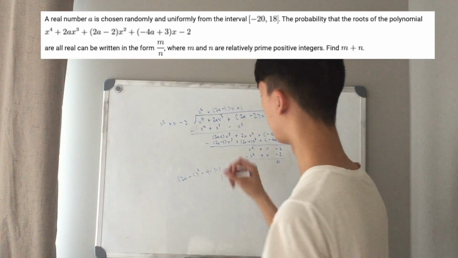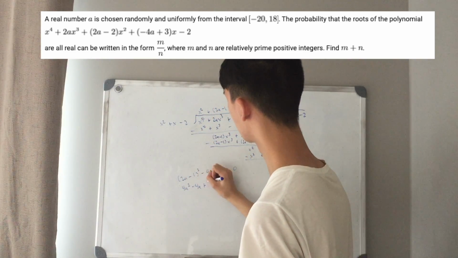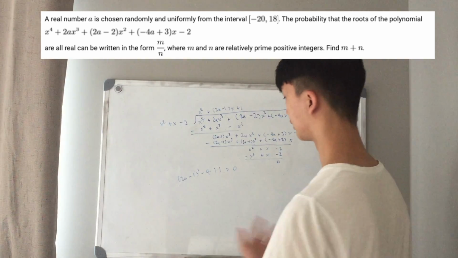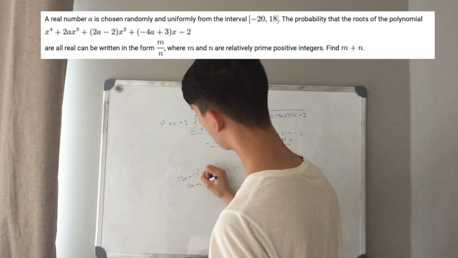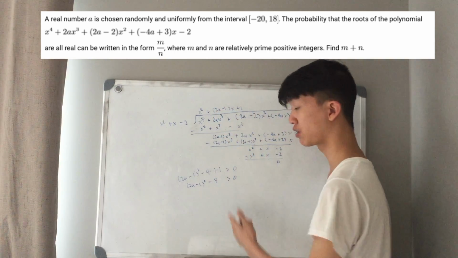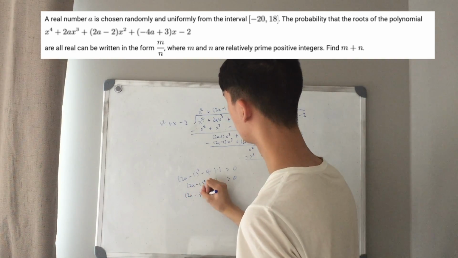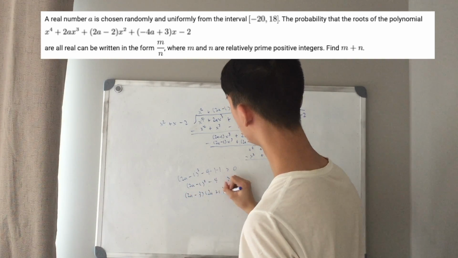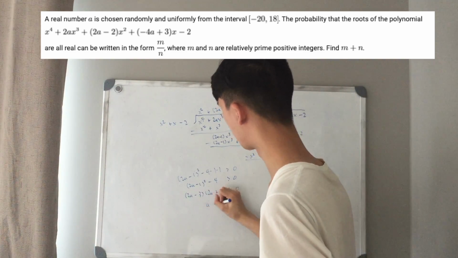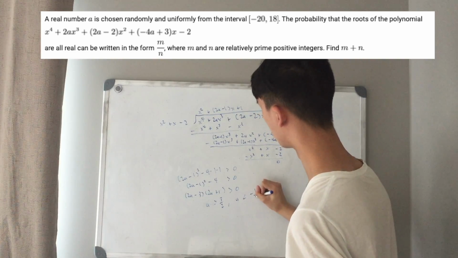So then we have 4a squared minus 4a plus 1 minus 4 is greater than or equal to 0. This is then equal to 2a minus 1 squared minus 4 is greater than or equal to 0. But notice that we have a difference of squares here. So we have 2a minus 3 times 2a plus 1 is greater than or equal to 0. So then we have a is greater than or equal to 3 over 2, or a is less than or equal to negative 1 over 2.